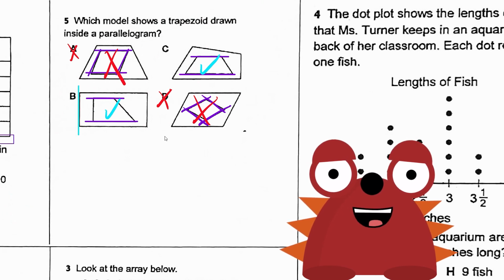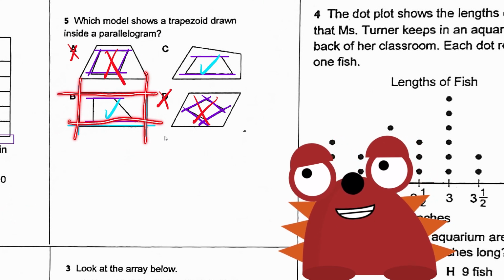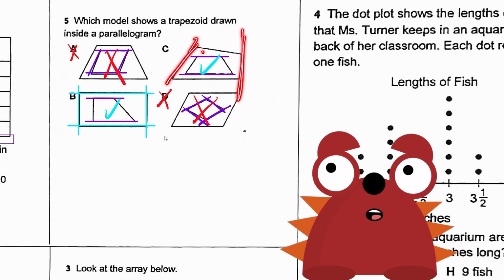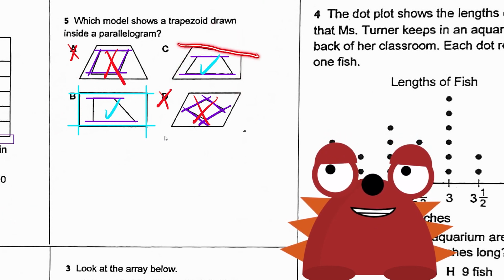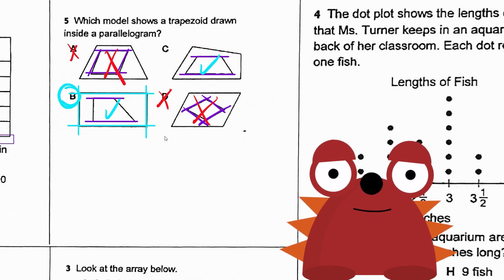This is a parallelogram because it has two pairs of parallel sides. This right here is one pair of parallel sides, and here is my other pair. The shape over here, these right here were not parallel, and these two lines over here are also not parallel. So the best answer is B.